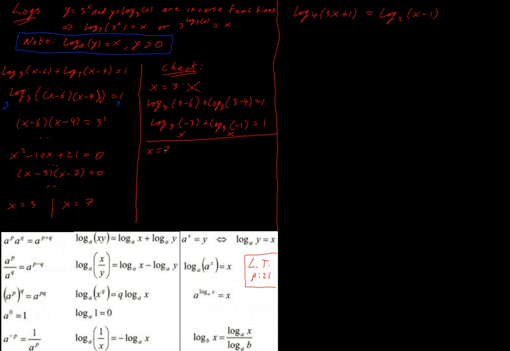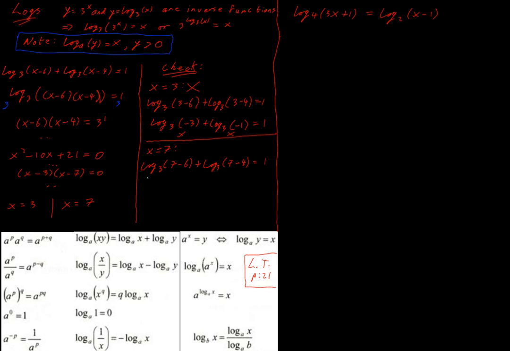Now, x is equal to 7. I have log to the base 3 of 7 minus 6 plus log to the base 3 of 7 minus 4 is equal to 1.